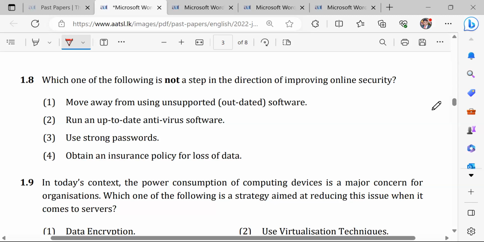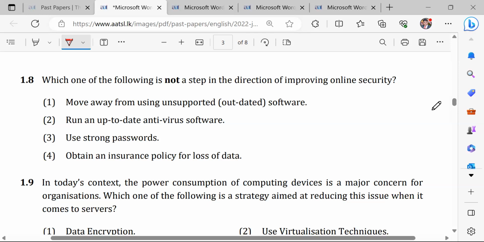Yes, we can do that for cyber security, right? If software is unsupported, we can stop using it. As an example, if you are still using Windows 7, that is risky. No patches are released from Microsoft, so there is a higher security risk. Then we are not supposed to use this.